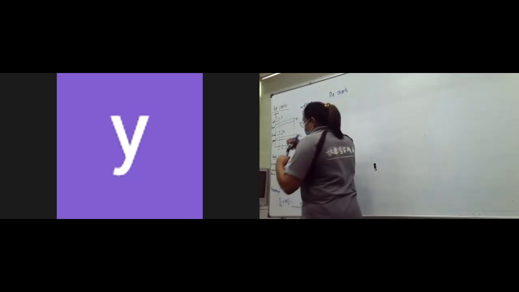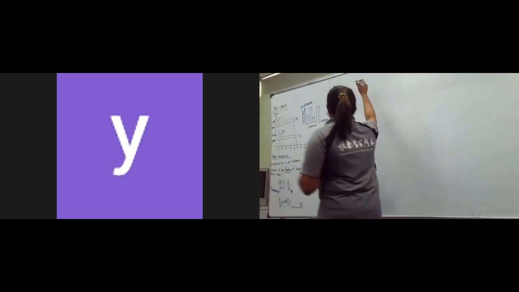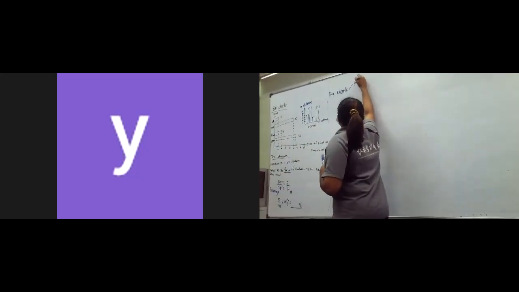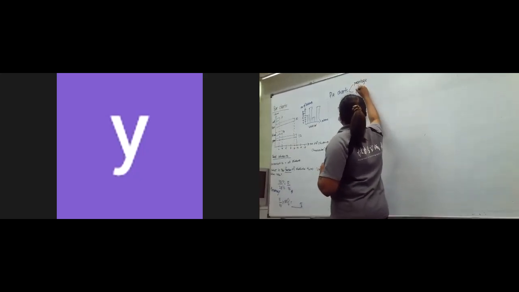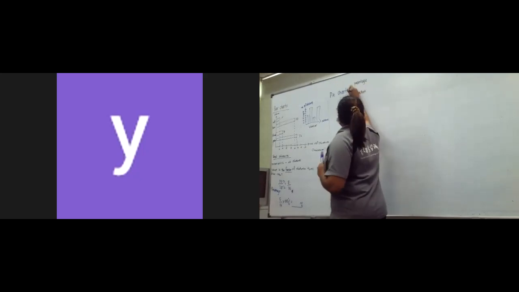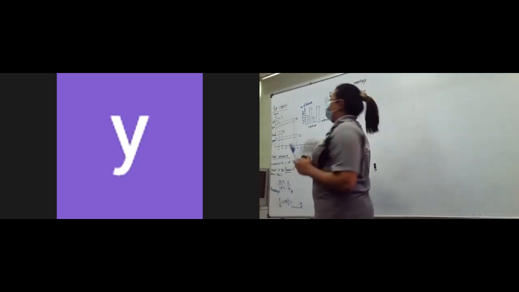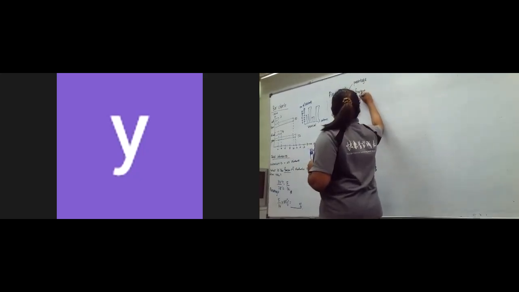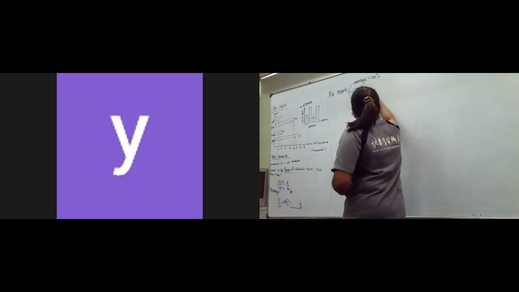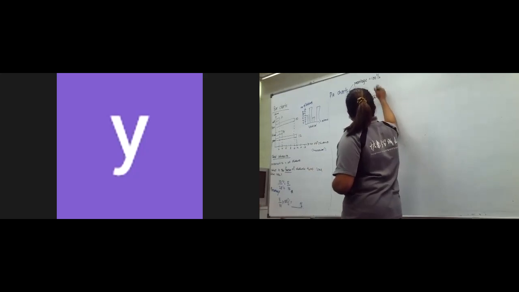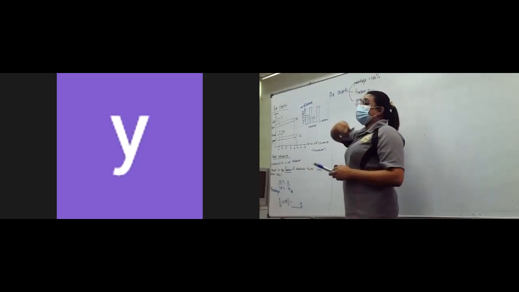Now we move on to pie charts. Pie charts, you can label them in percentage, in fraction, and as well as in degrees. So basically, total percentage is 100%, correct? Degrees is 360 degrees. Percentage depends.